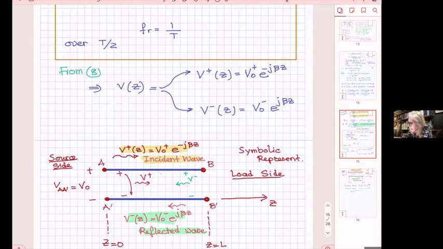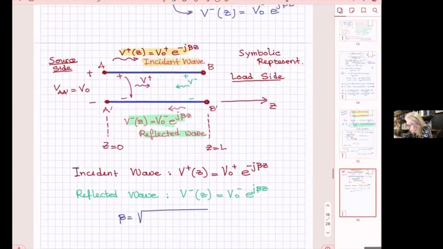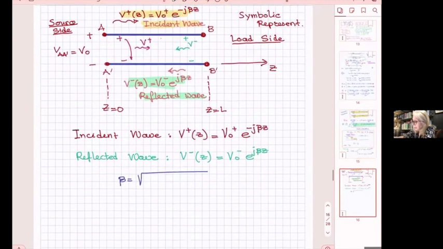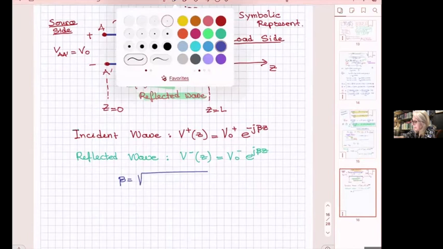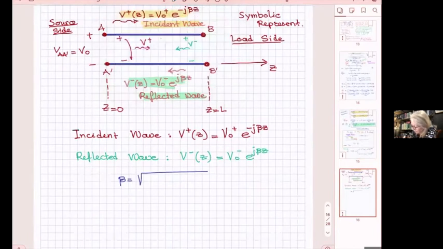It's okay to call it like this, but the book also uses the following relationship that you are going to see. I'm going to put it here.